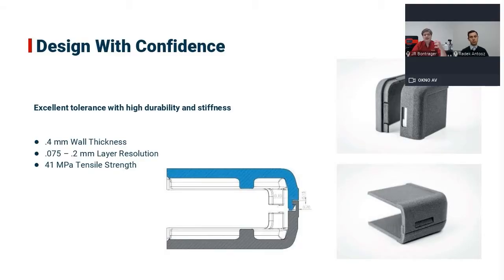Now, when it comes to design, you can design with confidence. Like anything else in additive manufacturing and 3D printing, there are always those minimums that you have to have and those recommended steps. It's for everything. SLS is no different. But what is different is that your wall thicknesses and resolutions are far better and far more accurate than a lot of the other ways of additive manufacturing and 3D printing.